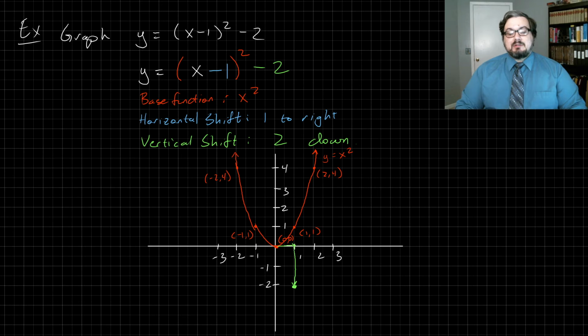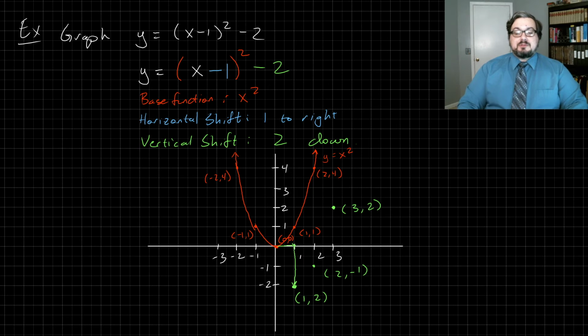So the point (0, 0) gets translated to the point (1, -2). The point (1, 1) gets translated to the point (2, -1). And notice all I'm doing here is taking every point and adding 1 to its x value, and subtracting 2 from its y value, because each of these points is what we get when we shift to the right by 1 and down by 2.